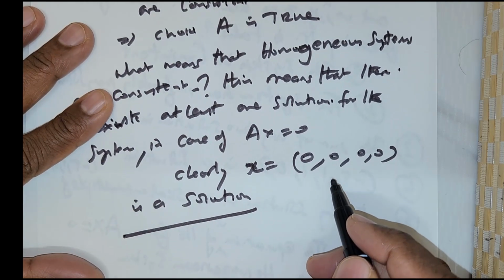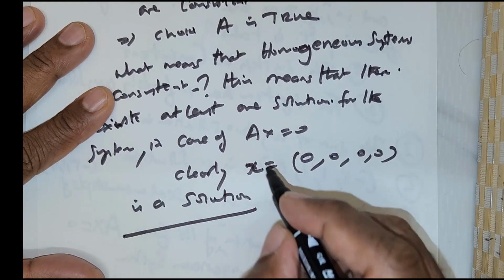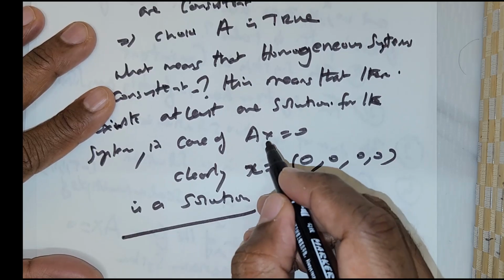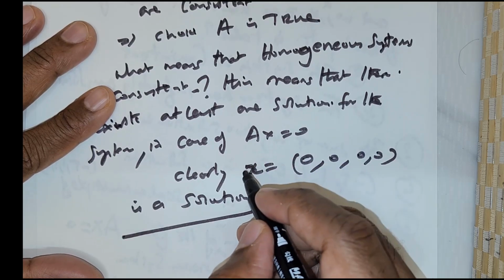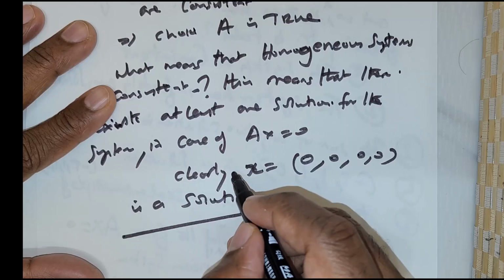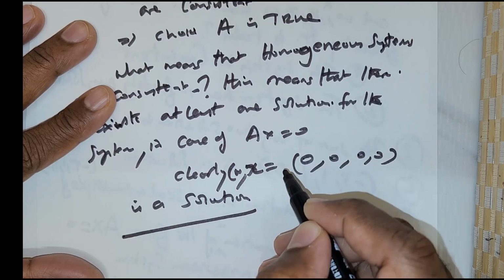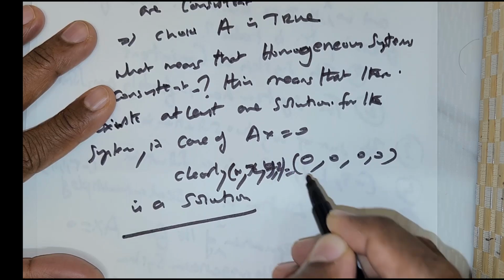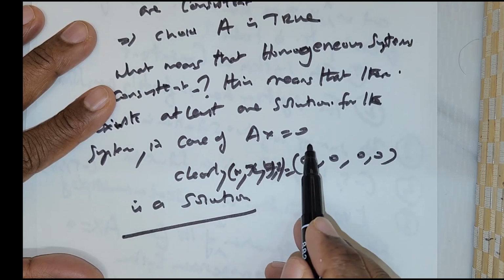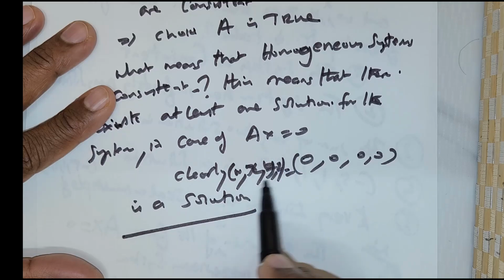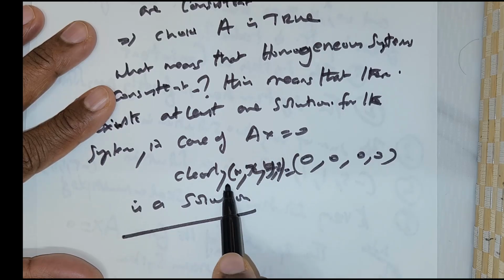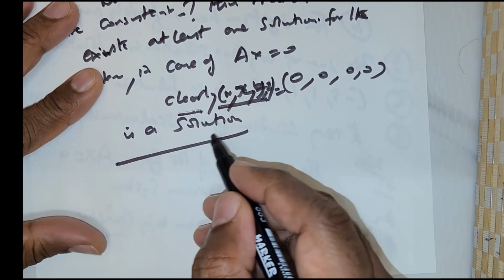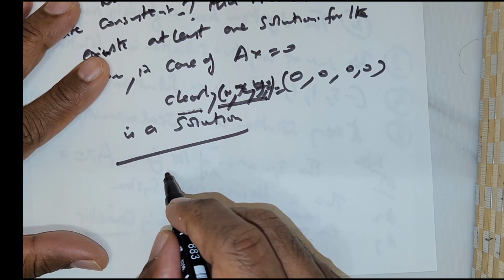So this is the variable x, but to be more specific, I will rewrite this as w, x, y, z equal to 0, because we are dealing with Ax equal to 0. I have just represented the vector there, but this will be a more specific representation. So let me rewrite that one more time.